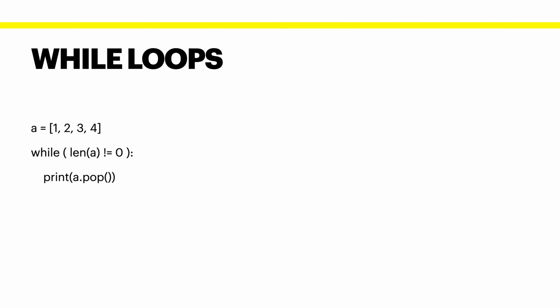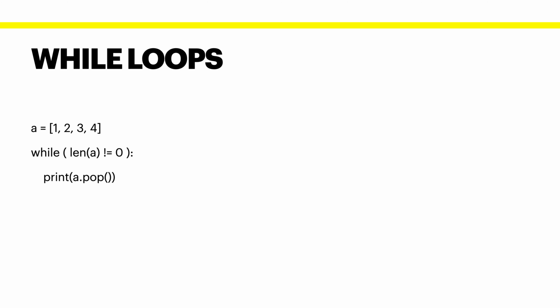So in this example, we have created a list called A and stored the values from 1 to 4 in this list. Then we have used a while loop to print the elements in this list. Here you may notice that I have used pop in this code.